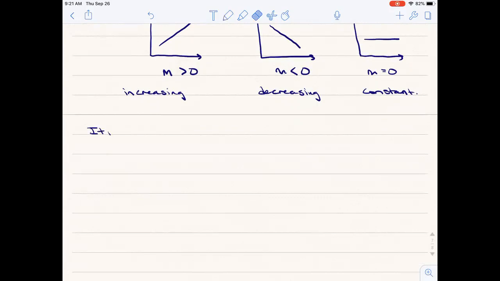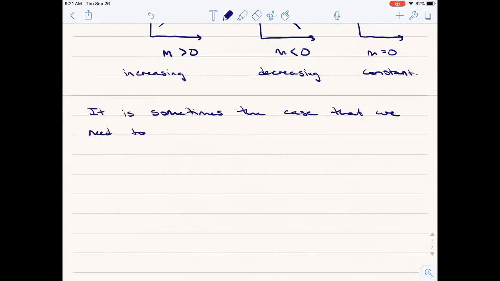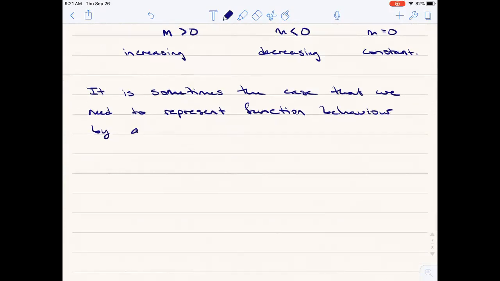It is sometimes the case that we need to represent function behavior by a piecewise function.